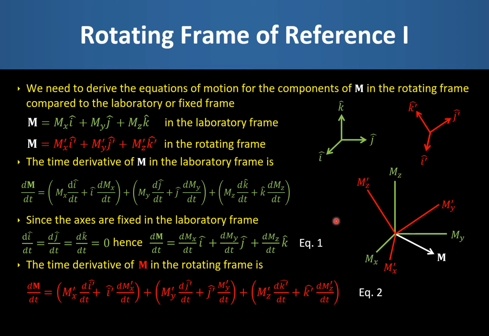Since the origins coincide, a point is represented by the same vector M in both systems. Only the components of M are different along the different axes. So the time derivative of M in the laboratory frame is given by equation 1, and in the rotating frame by equation 2.